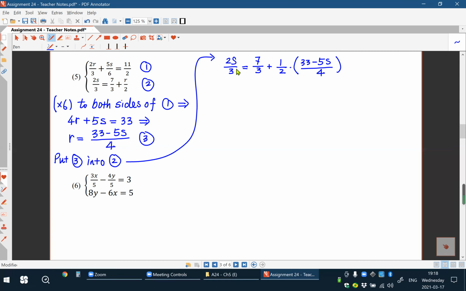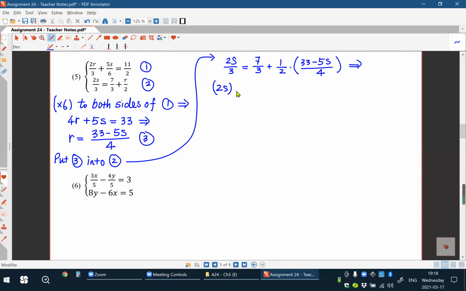Okay, so how do you solve S here? So let's eliminate all the denominators. So we can times 24 to both sides of the equation.